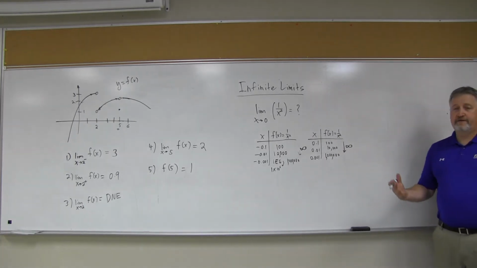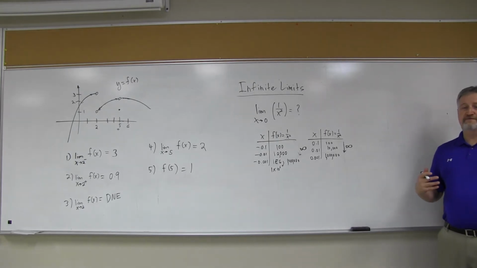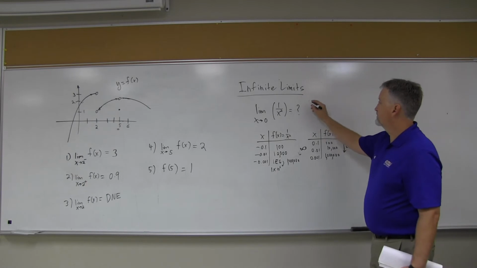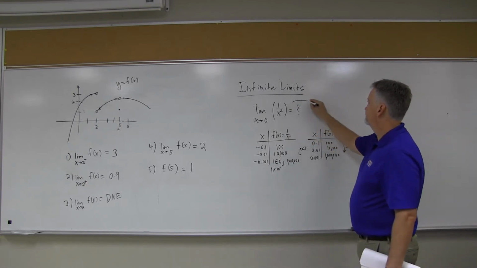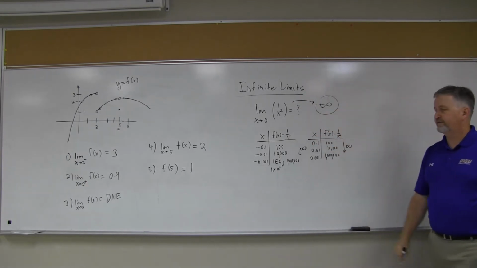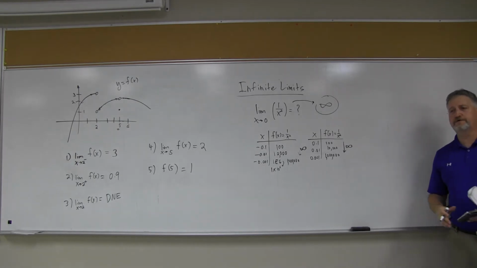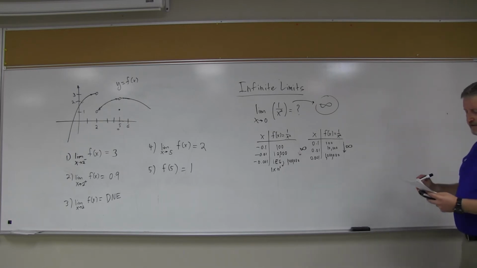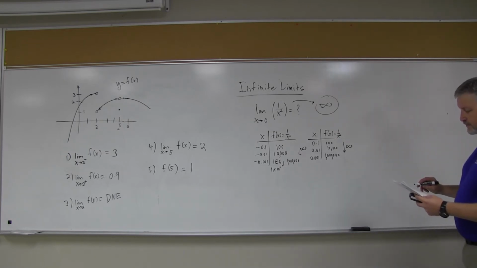So an infinite limit is just where you have the function values growing larger and larger, or you could have it go to negative infinity if they do that. But yeah, this is what I mean by an infinite limit, one that just keeps growing larger and larger, either on the positive side or the negative side there. So this limit is infinity. And you can do the left and right thing as well.